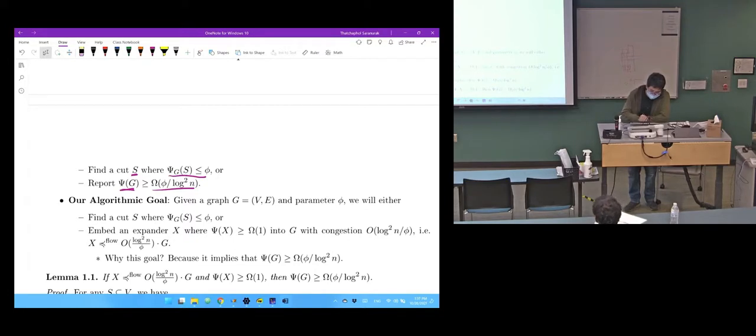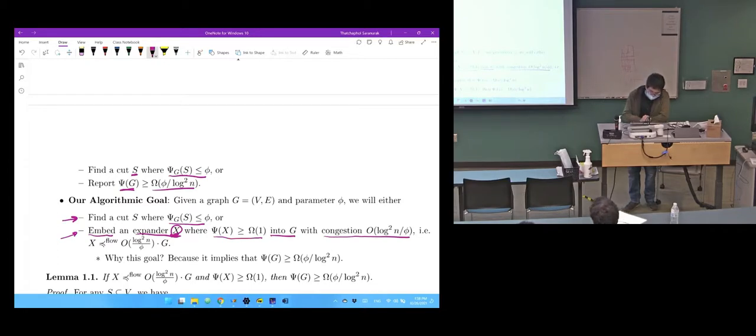We will show an algorithm that in the first case is the same, but in the second case I will say that I can find an expander X such that X has high expansion, and I will embed this X into G, and the congestion of the embedding is small.